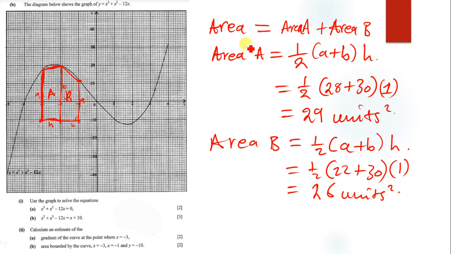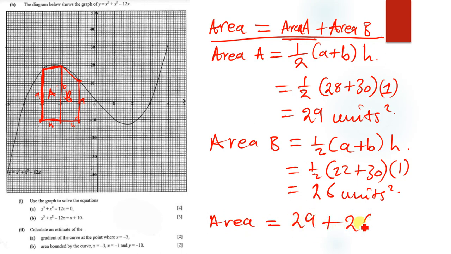So now to find the area, we're going to add area A and area B. The total area is therefore going to be equal to area A plus area B. That is 29 plus 26, which gives 55.